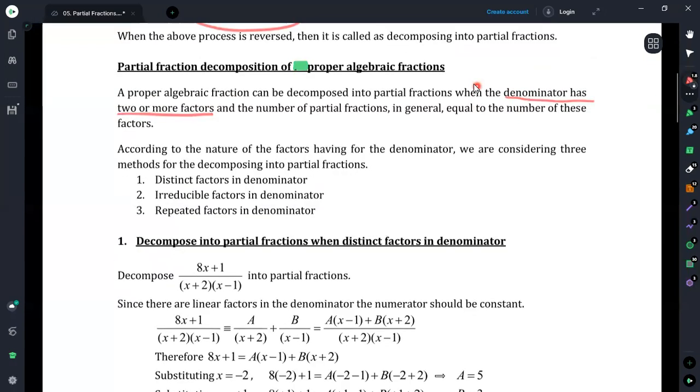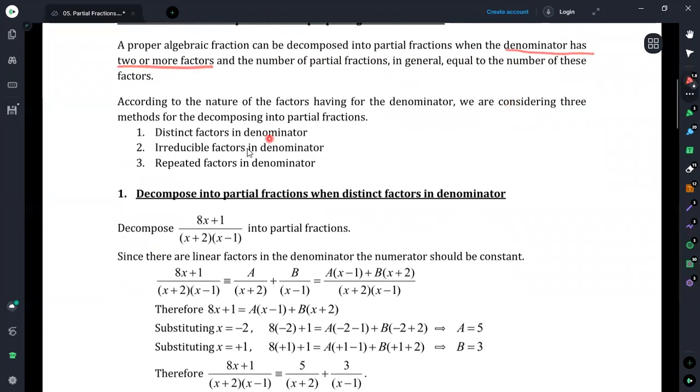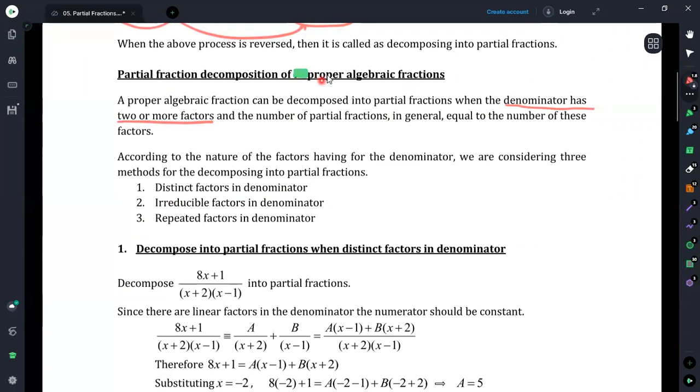So far, we have not started any discussion about improper algebraic fractions. All these three methods are now discussed for proper algebraic fractions, and once we discuss improper algebraic fractions, these methods will be used with some additions.